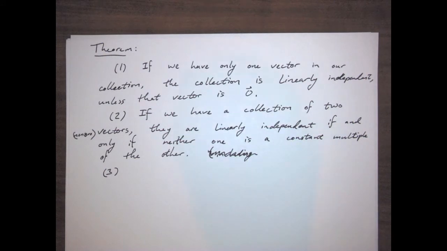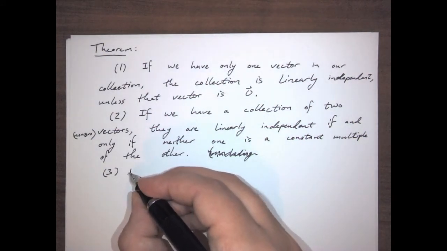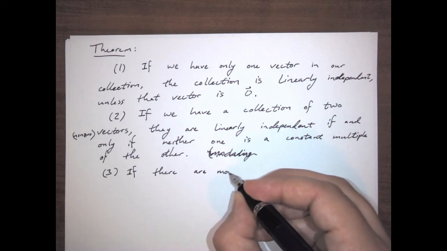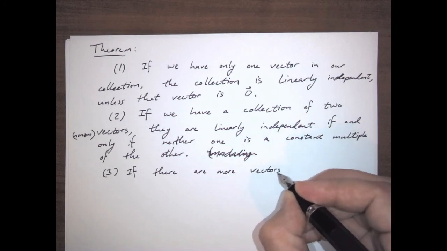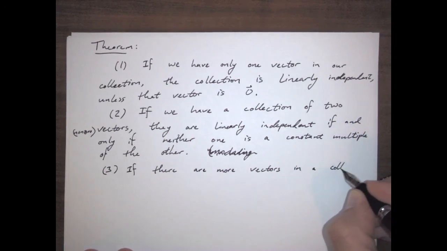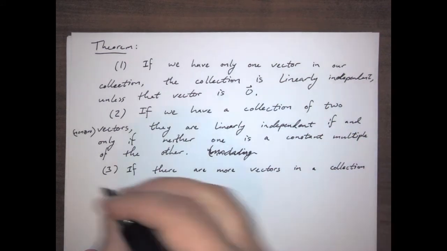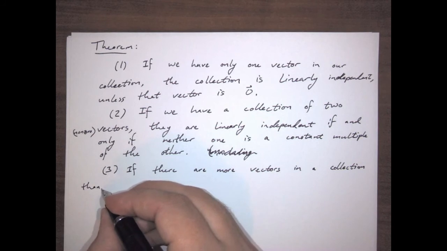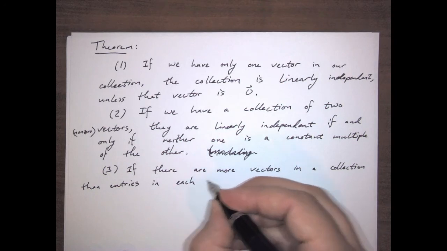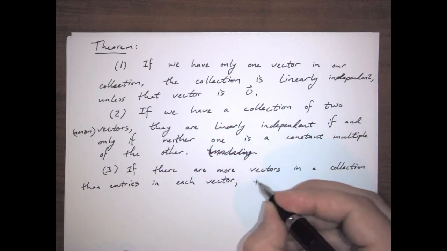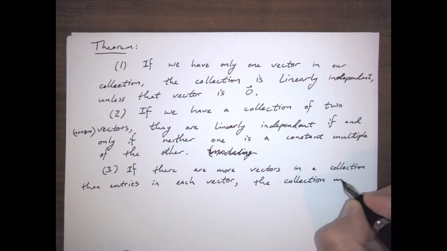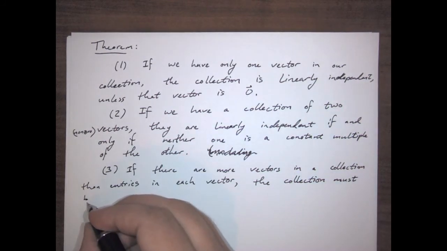And then 3, if there are more vectors in a collection than entries in each vector, the collection must be linearly dependent.